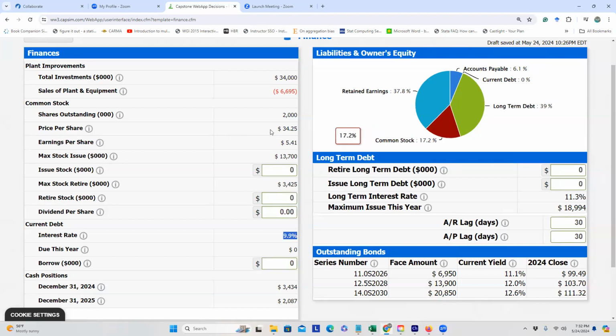Now, your current starting price per share is 34.25. So your maximum ability to issue is about 13.7. So the benefit of using equity is that you do not have to pay interest, or you do not actually have to pay it back.